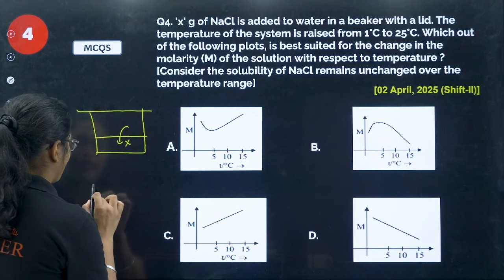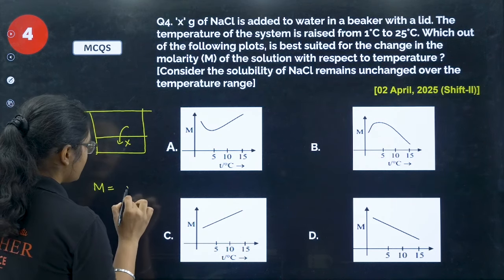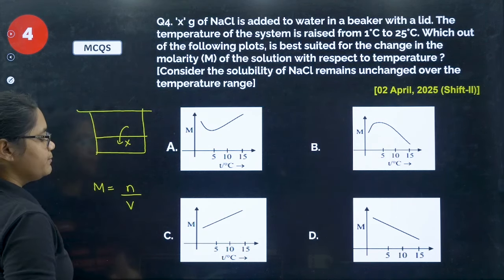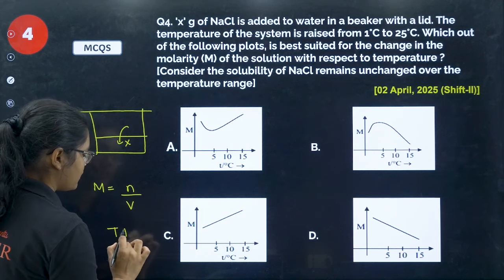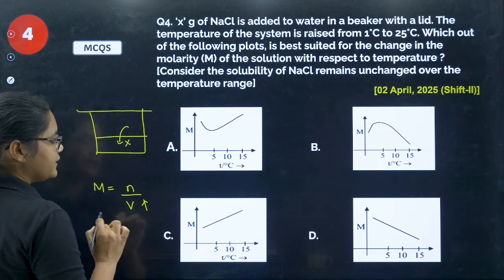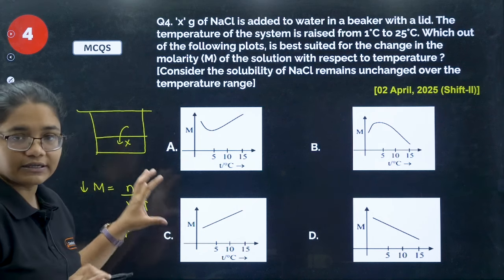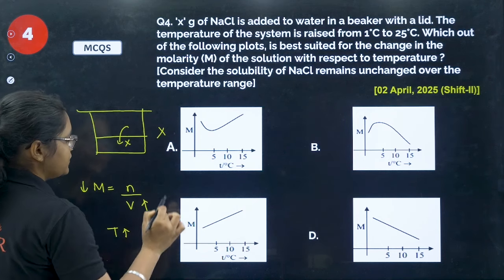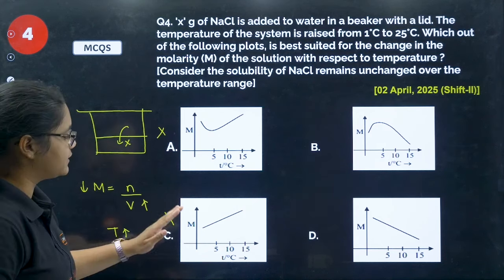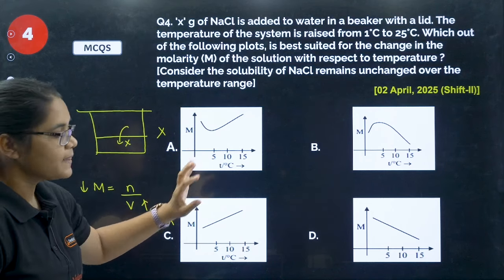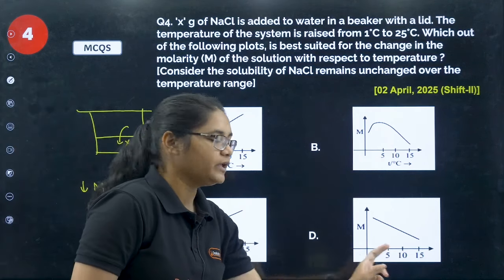So if you see, molarity is equal to number of moles by volume. When you increase the temperature, volume will also increase, and if volume increases, molarity will decrease. So molarity has to decrease. We can eliminate this option and this option because here the molarity is increasing. Now coming to these two options.